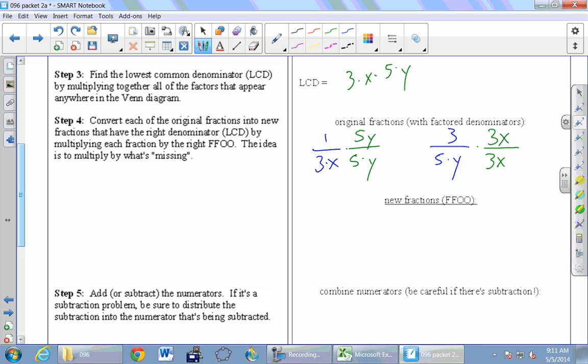Okay, so then our new fractions, looking at the first fraction, I'll copy the denominator just like it is. And then I'm going to multiply the numerators together. We know how to multiply fractions. It's straight across. 1 times 5y is just 5y.